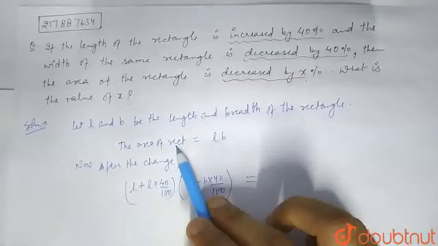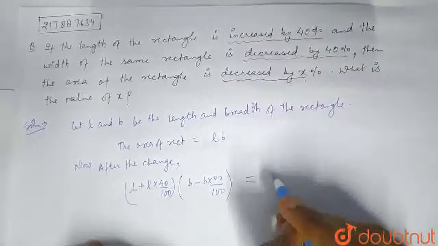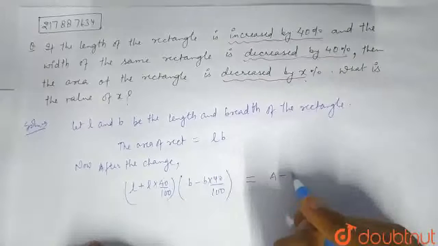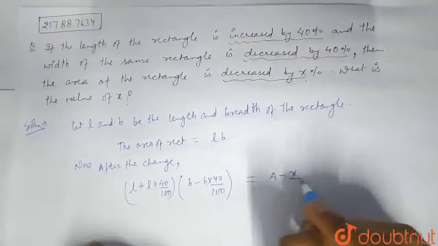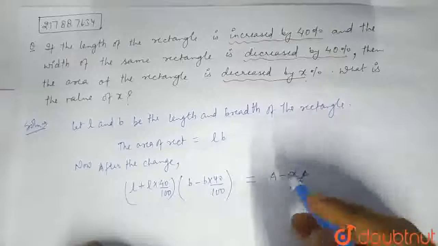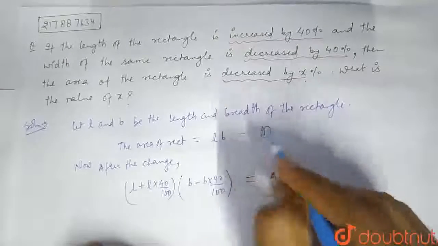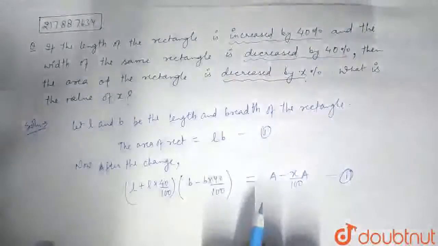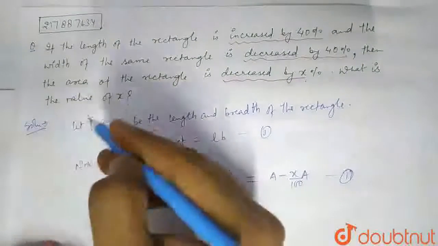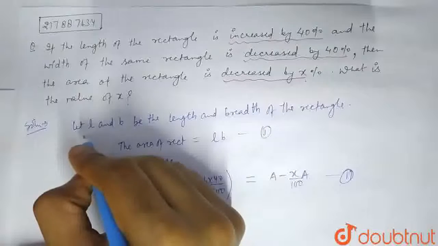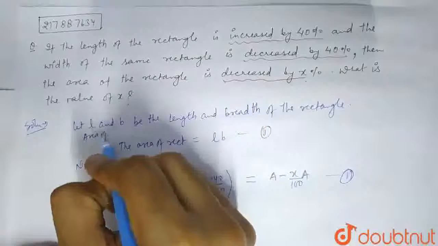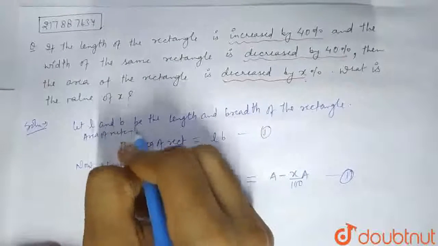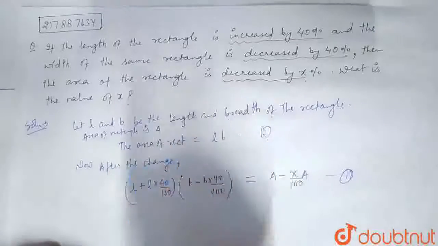So let's say I assumed it to be A. Okay, so A minus x percentage of A. So this was my first equation, this was my second equation. There was one assumption, that the area of the rectangle is A.